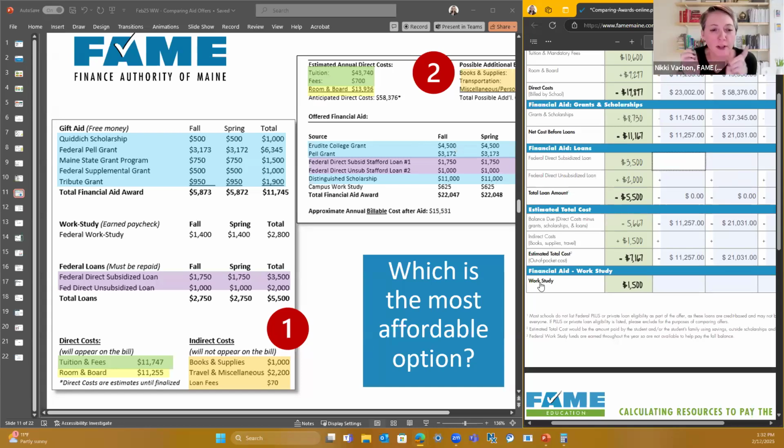Usually. If you look on the left-hand side, it says direct subsidized and unsubsidized, so it's actually one loan. It's just that a portion of it is subsidized by the government. You're not paying interest on it while you're in school. At another school, you might not have as much need, so they could take that same total loan amount, the 5,500, and shift some of that subsidized into unsubsidized.